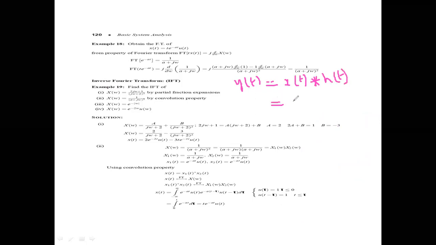What is the convolution integral? Integral from minus infinity to infinity of x of tau h of t minus tau d tau. This is a convolution of the two signals, x and h. But here they are asking x of t from x of omega, so you have to find out x of t. I will solve it on the whiteboard.